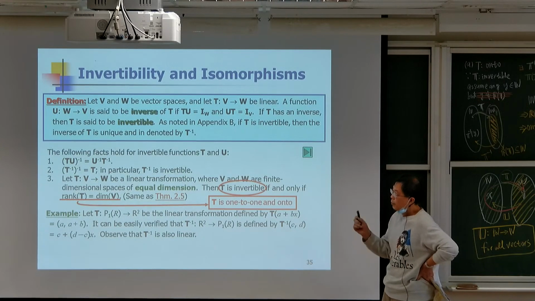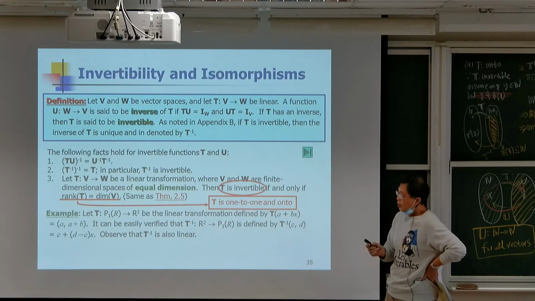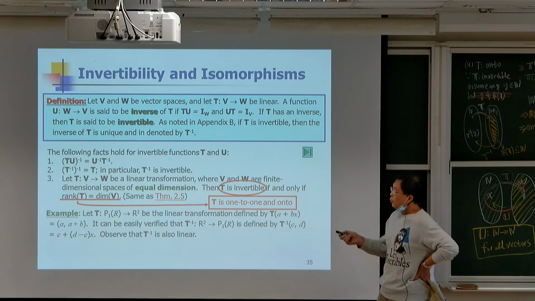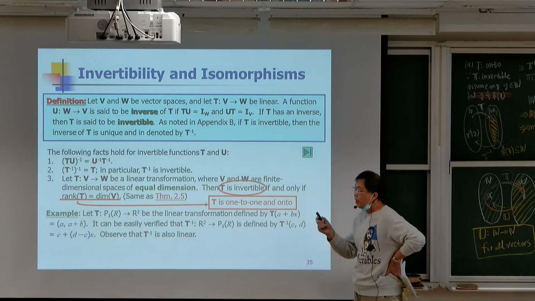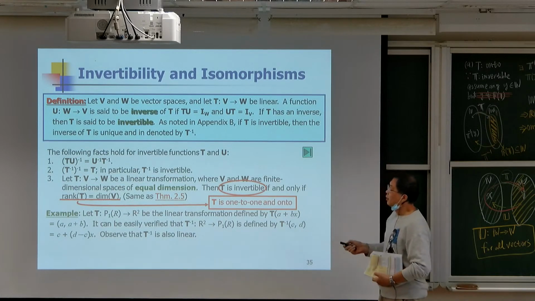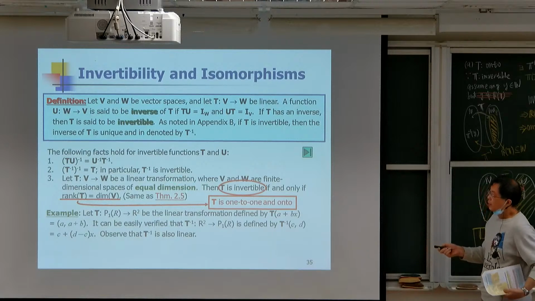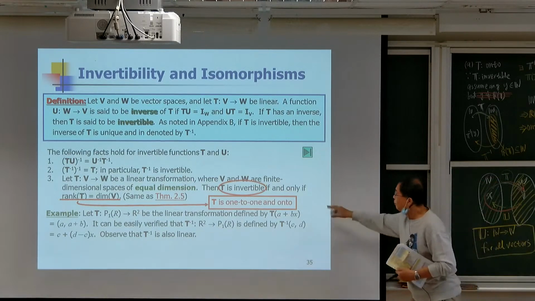In addition, the dimensions of the two vector spaces should be identical, which is not proved in the textbook, where equal dimension is preassumed.